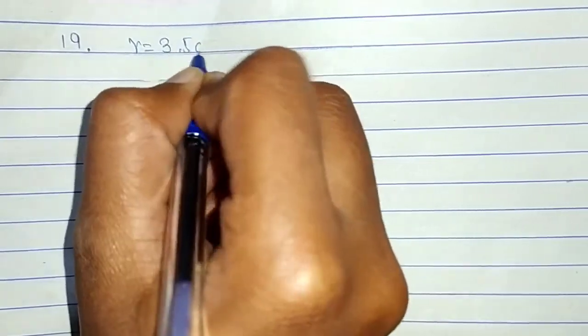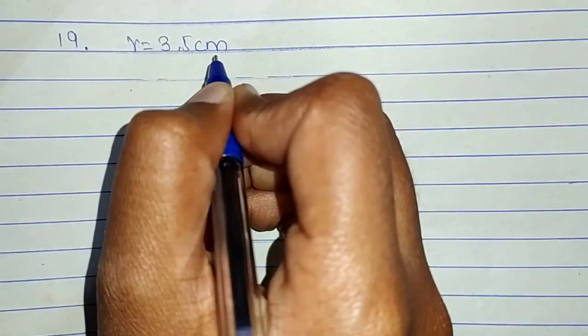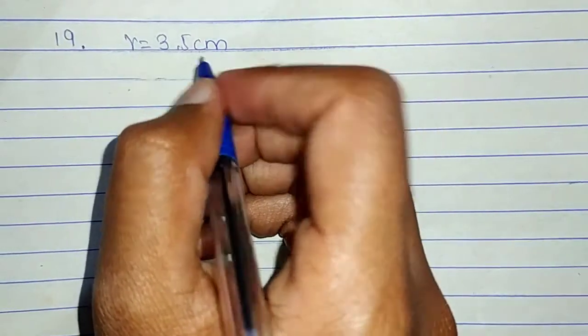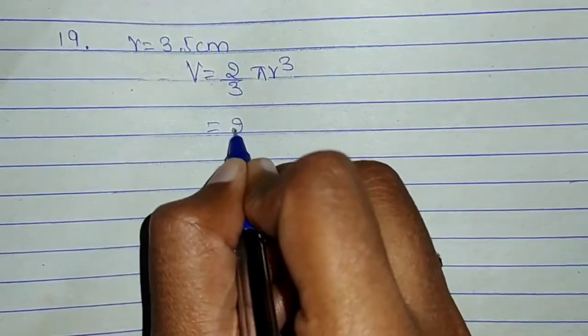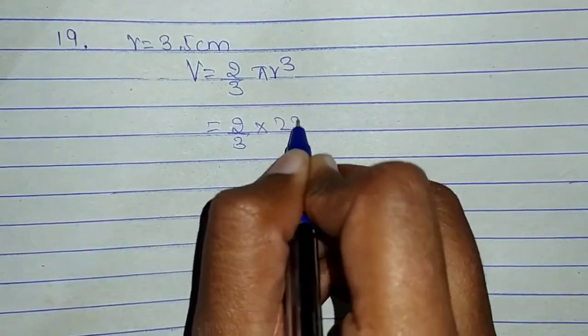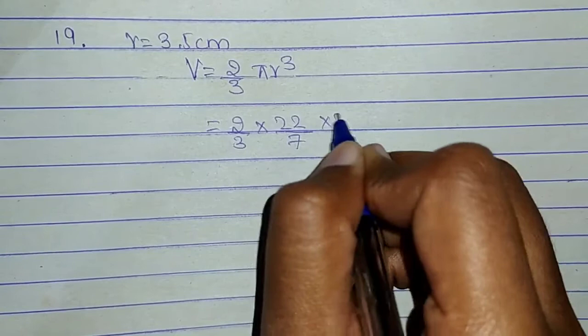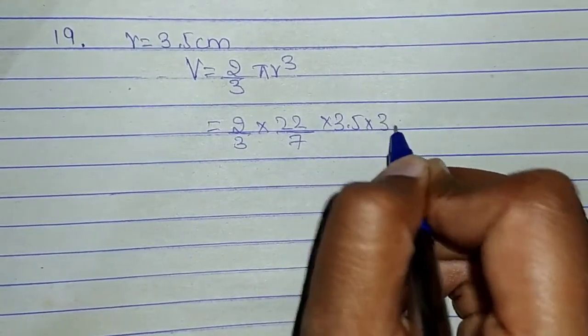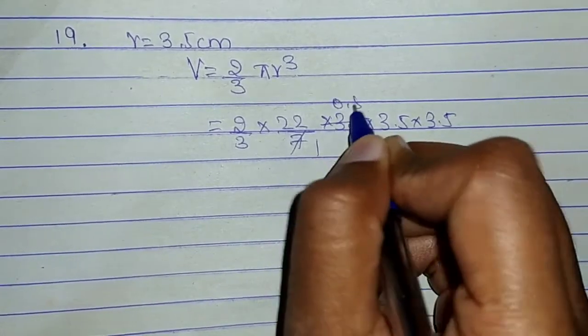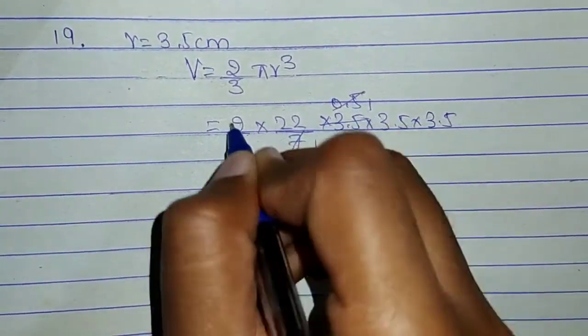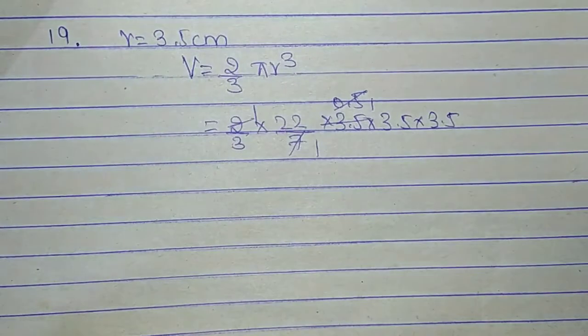A hemispherical bowl has a radius of 3.5 centimeter. What would be the volume of the water that it would contain? So the volume of a hemisphere is equal to 2 by 3 pi r cube. This is nothing but 2 by 3 into 22 by 7 into 3.5 into 3.5 into 3.5. 7 ones are 7, 0.5s are 0.5, because 0.5 is nothing but 1 by 2.